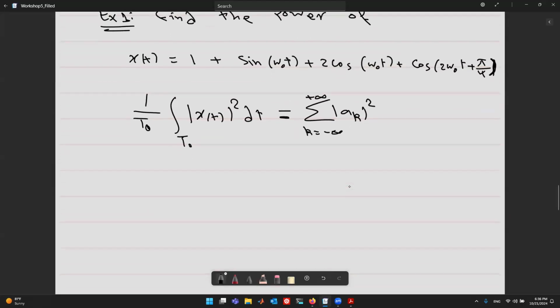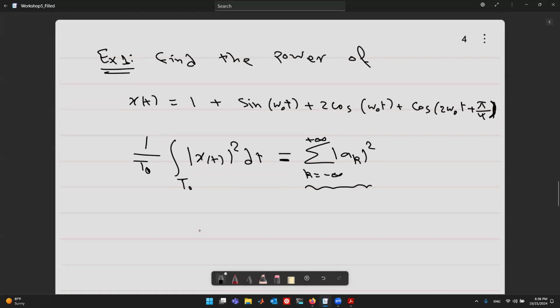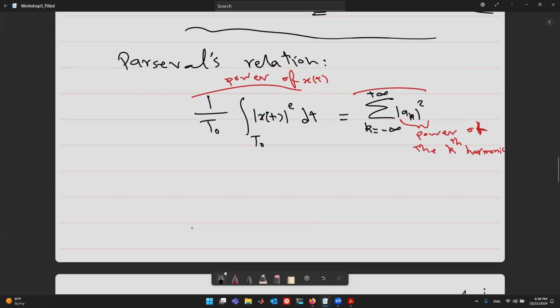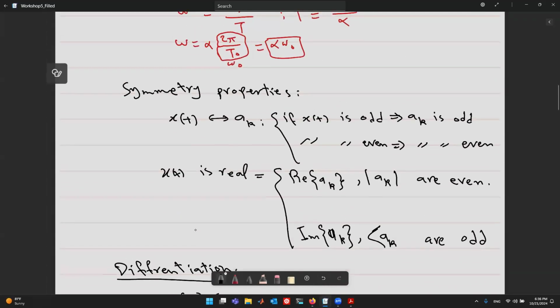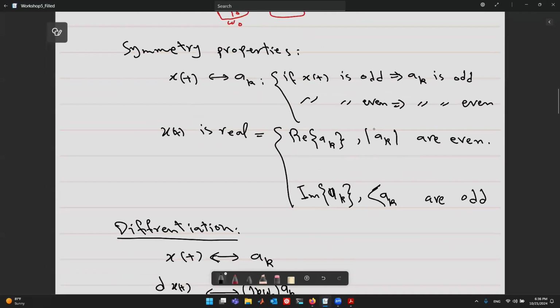But before doing so, we can actually simplify this equation. From this property, we have seen that if x(t) is real, then the magnitude of a_k, the coefficients, is even.